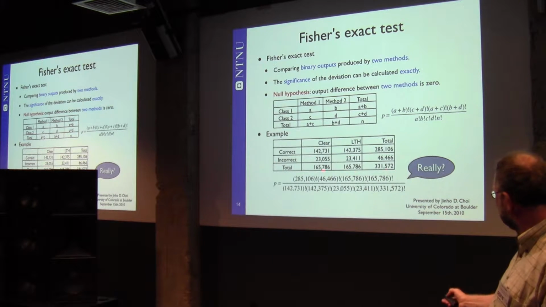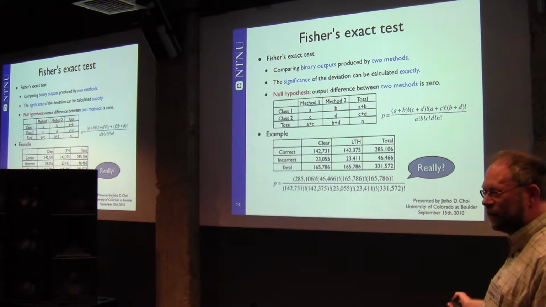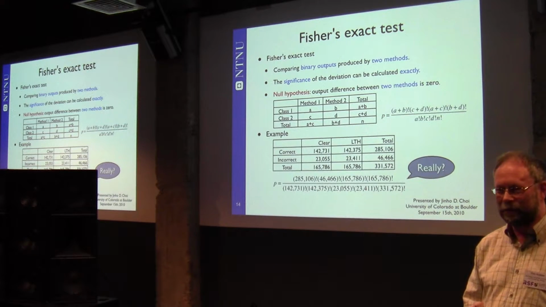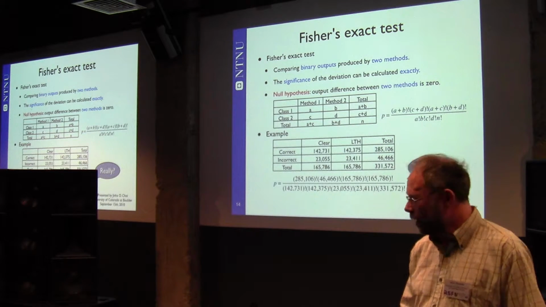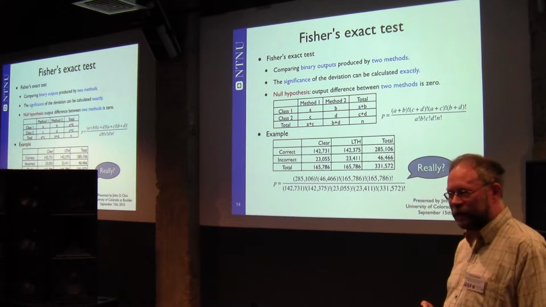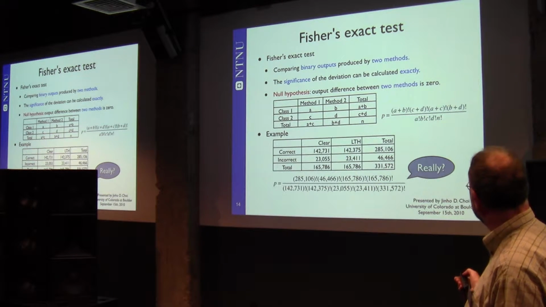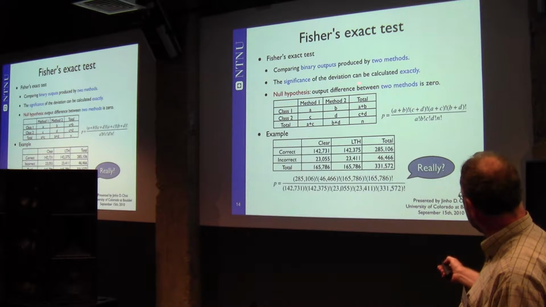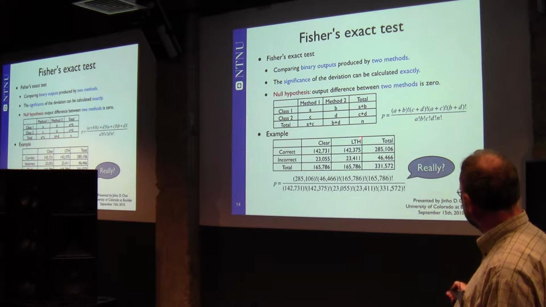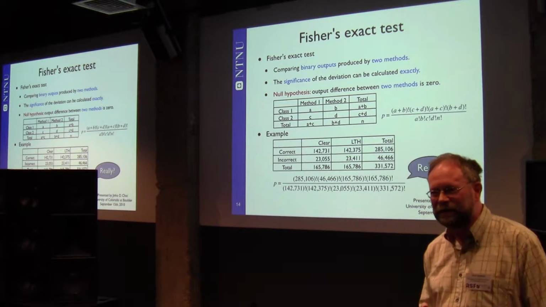Of course, you don't normally compute something like this. You do it by an approximation, but still, with an approximation, you get a fairly good estimate of the p-value. And the null hypothesis you're testing is, of course, that there is no difference between these cases.